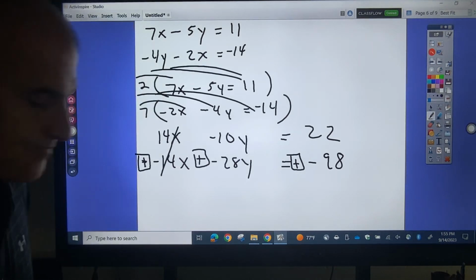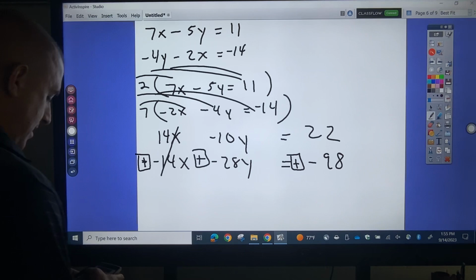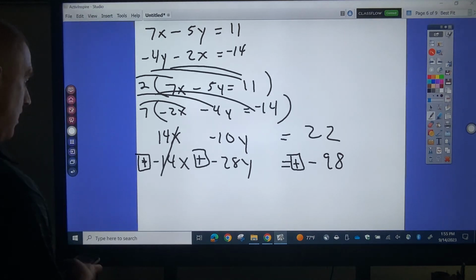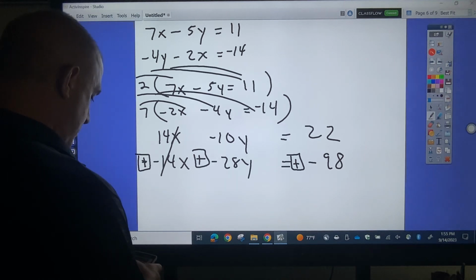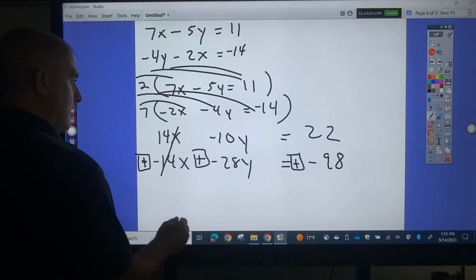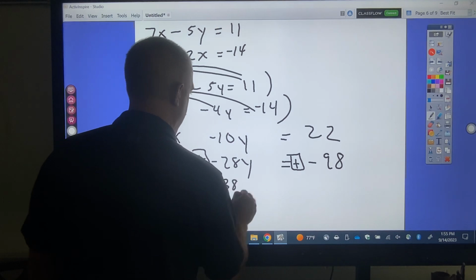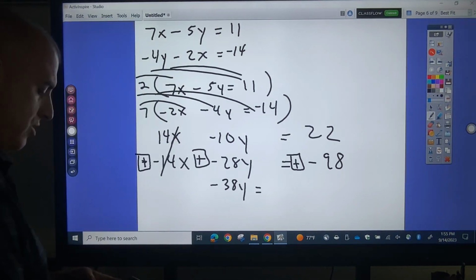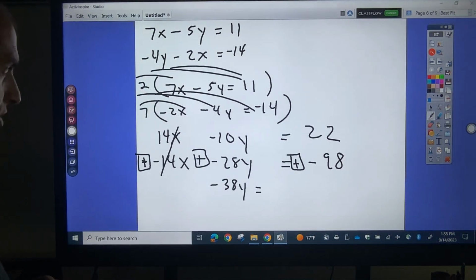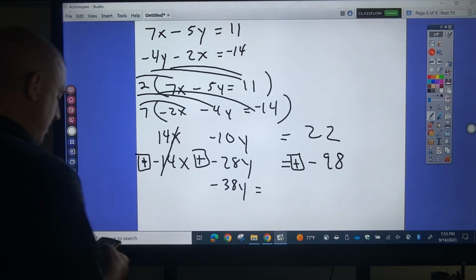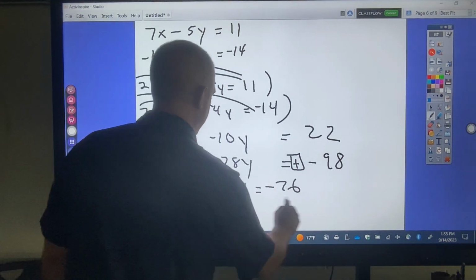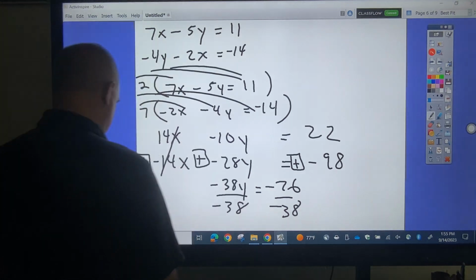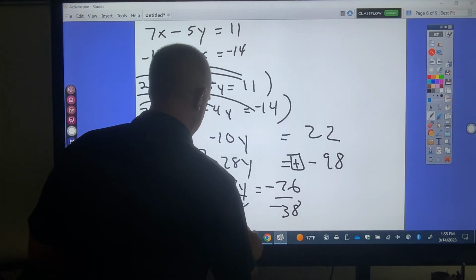Negative 10 plus negative 28 is negative 38y. 22 plus 98 negative is negative 76. I divide by negative 38 and I get y equals 2.